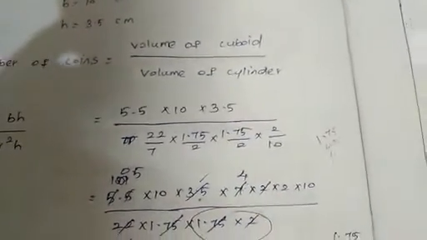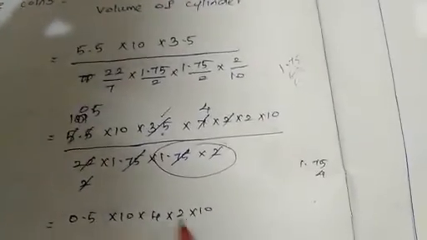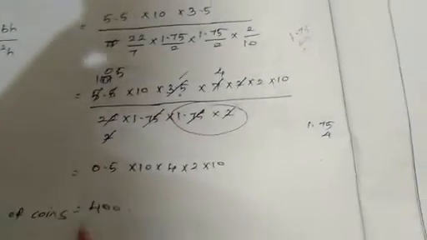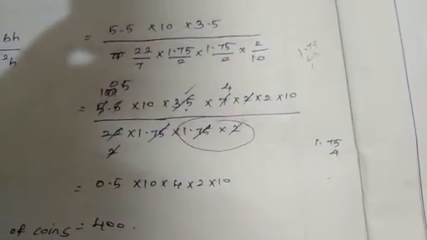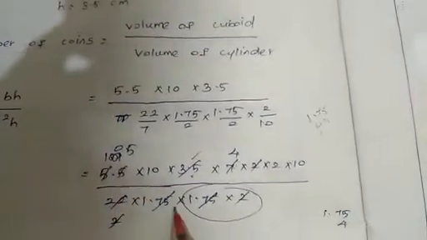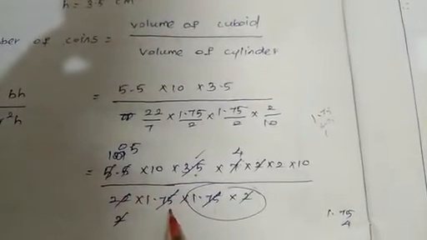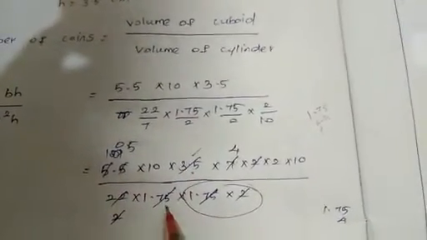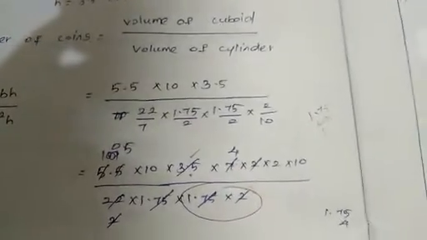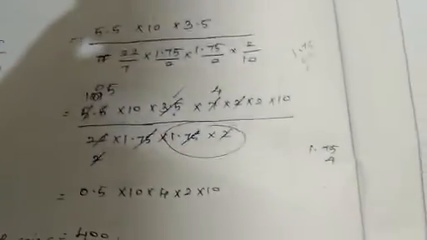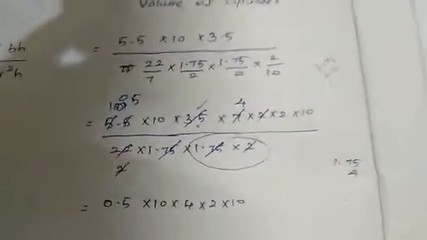After this product, 0.5, 10, 4, 2, 10, we can get the number of coins 400. So this cancellation, be careful, because 1.75 into 2 is 3.5, and 1.75 into 4 is 7. Using this cancellation, we can get the number of coins 400.